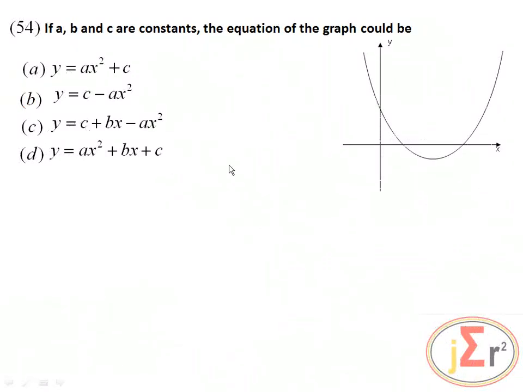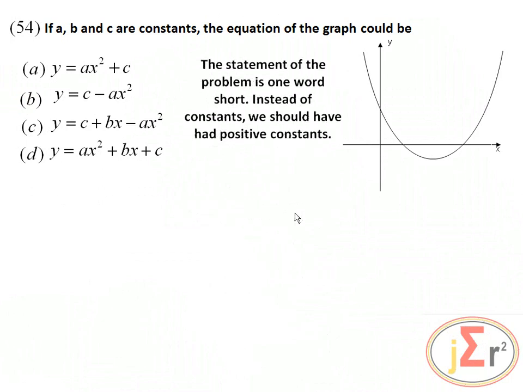If A, B, and C are constants, the equation of the graph could be which one of these? The statement of the problem is one word short. Instead of constants, we should have had positive constants.